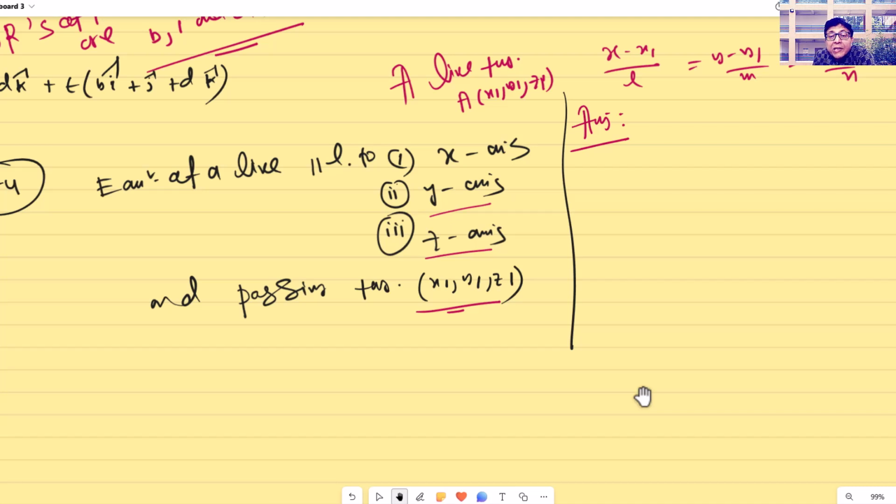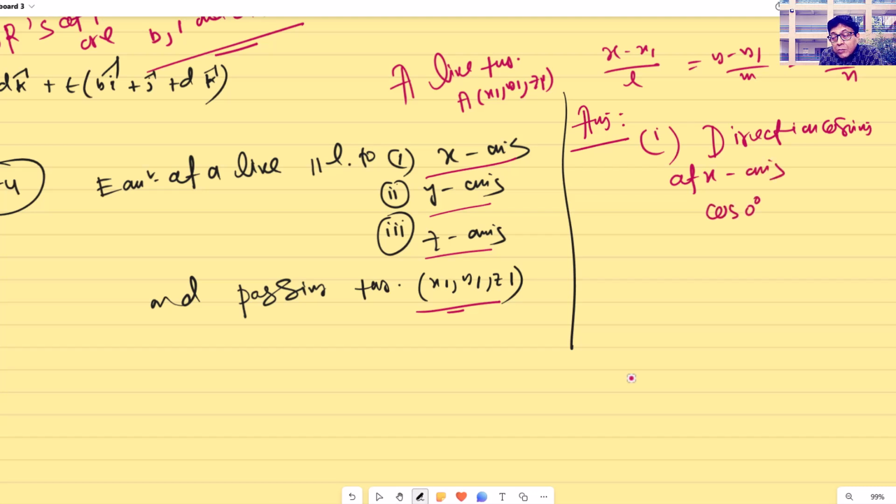I got direction cosines here. Why? Because for number 1, the direction cosines of x-axis are what? Cos 0, you know it, cos 90 and cos 90. X-axis makes 90 degrees with y-axis and then with z-axis. So those are cos 0, cos 90 and cos 90, that is 1, 0, 0.